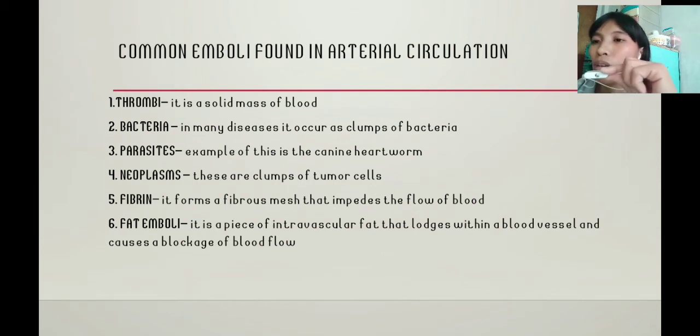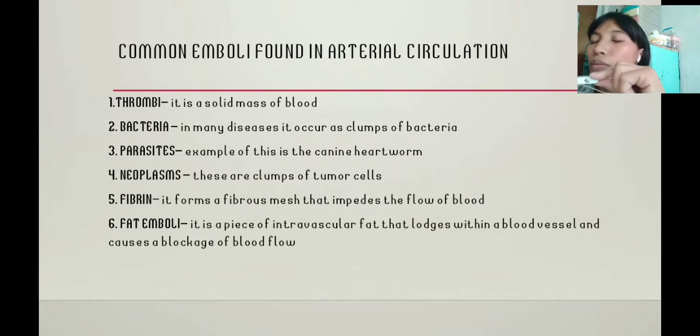And number three, parasites. A good example of this is canine heartworm. And number four, neoplasm. These are clumps of tumor cells. Growing tumor cells invade arteries and also lymph nodes and can cause embolism.